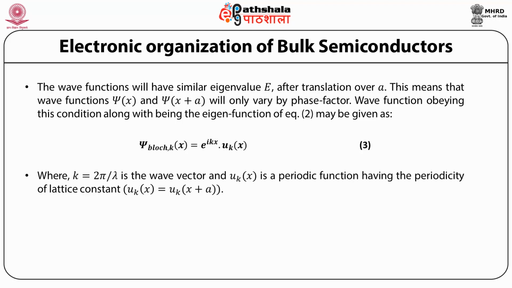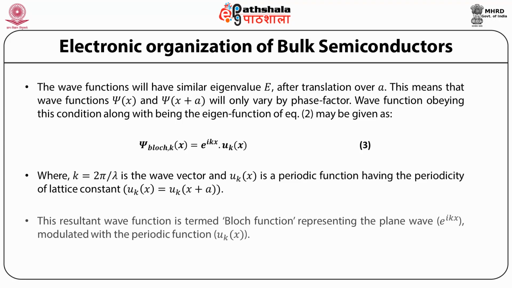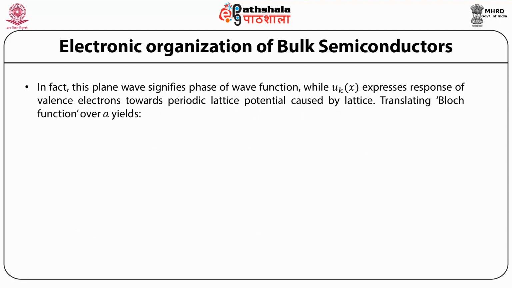Now where k is 2 pi by lambda, the wave vector, and u_k(x) is a periodic function having the periodicity of lattice constant, that is u_k(x) equal to u_k(x plus A). This resultant wave function is termed as the Bloch function, representing the plane wave exponential iota kx, modulated with the periodic function u_k(x) of valence electrons towards periodic lattice potential caused by the lattice.